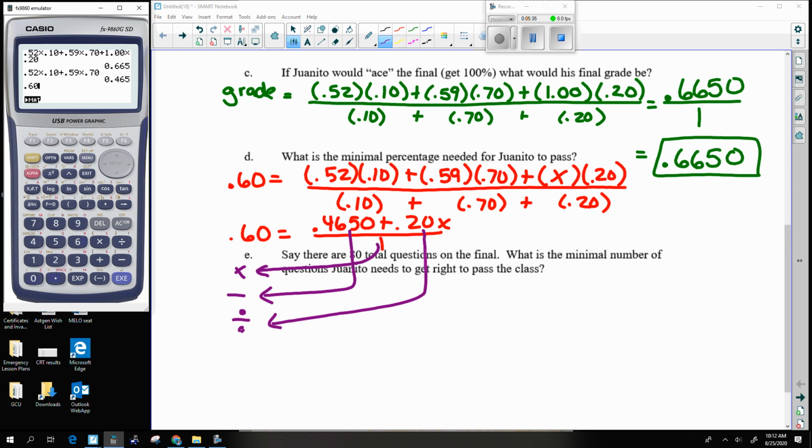So we start with 0.60, we multiply, we subtract, and then we divide. And that says that the grade that he has to get on the final is a 67.50.